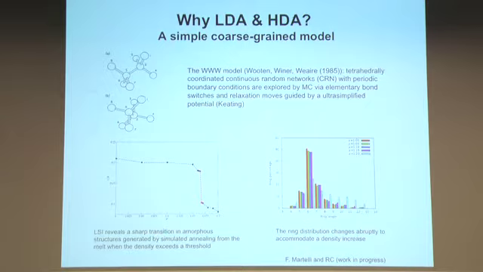One can see this from the distribution of the rings that I mentioned before. The ring distribution is dominated by six-fold rings in the low density structure. These are different ring distributions obtained at these various points here.